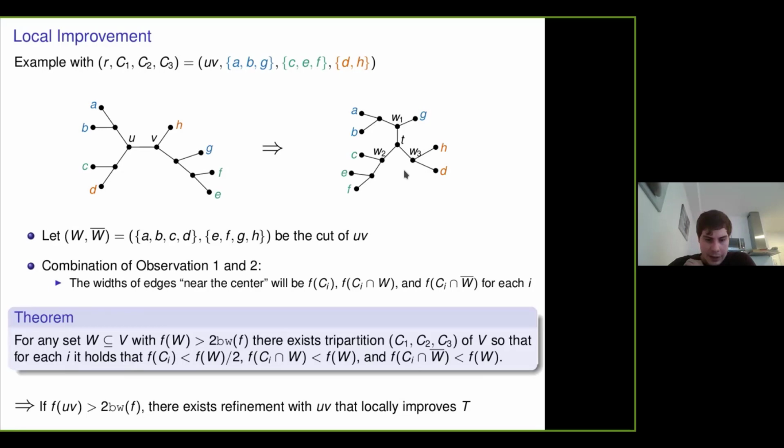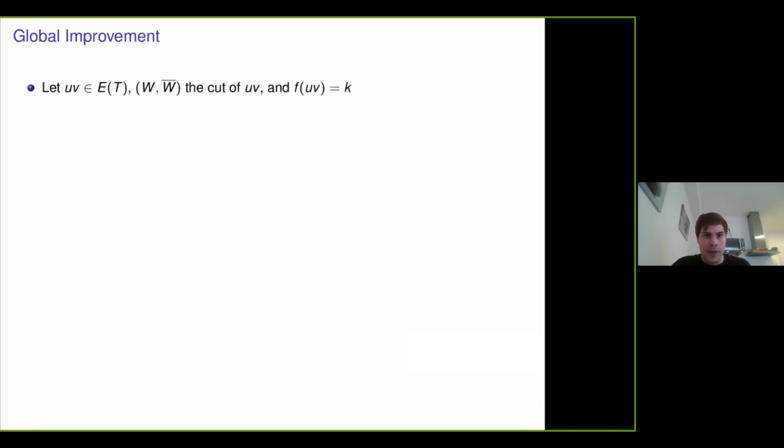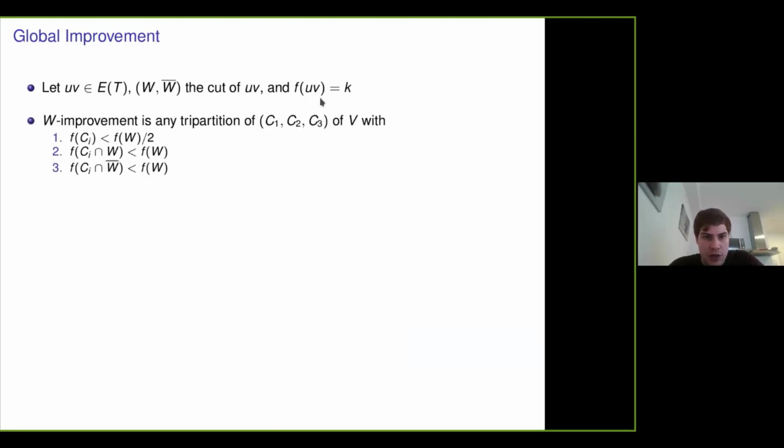And now the main thing about our framework will be that the existence of this local improvement implies the existence of a global improvement. So let's have this setting where we have this root as UV and this cut W bar, and the width of this is the width of the decomposition.